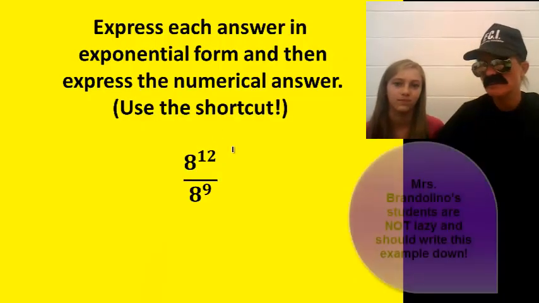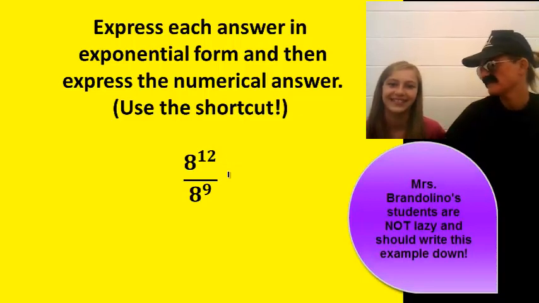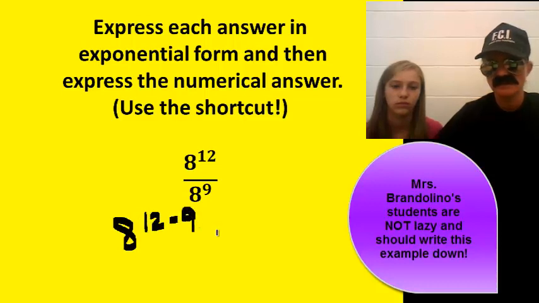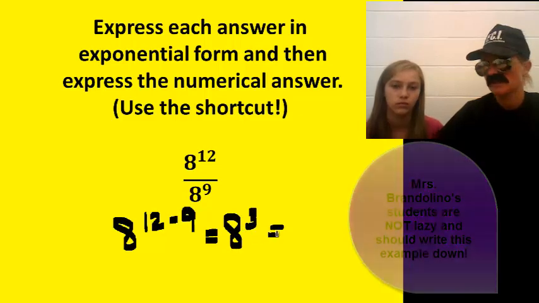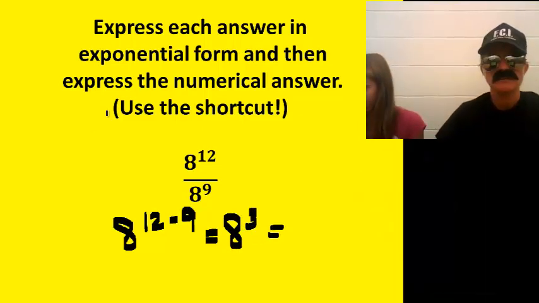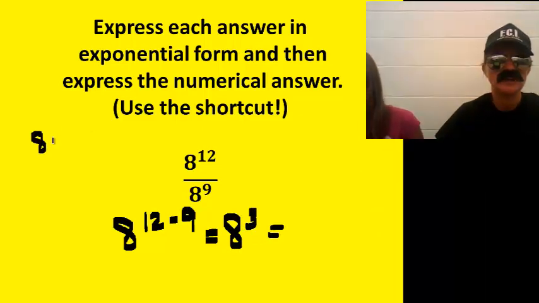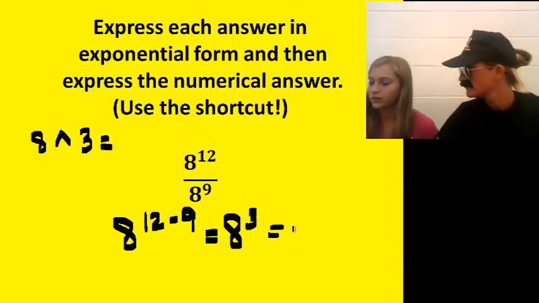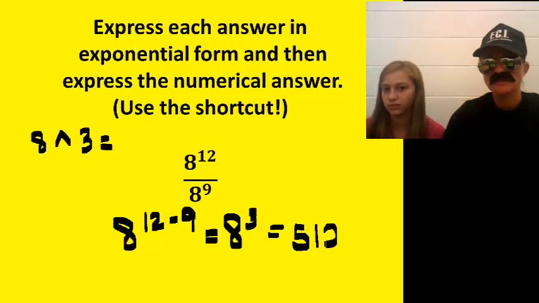Again, I'm too lazy to write an 8 12 times. So instead, I'm going to write 8 to the 12th minus 9. That is 8 to the 3rd. To do that in your calculator, you do 8, the little up, and then a 3, and equals 512.